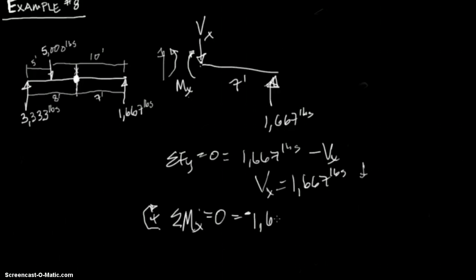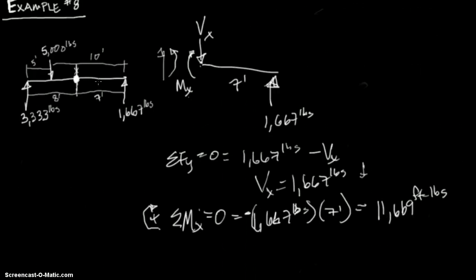So that's going to be a negative 1,667 pounds times 7 foot, and this should equal what we just came up with, which is 11,664, but let's just double check it. 1,667 times 7 equals 11,669. And I'm sure that's just slightly off because of us rounding or whatnot, which is no big deal. But there it is, 11,669.